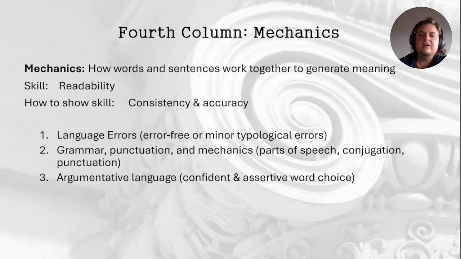The three modes in which mechanics are going to be marked are language errors, grammar, punctuation, mechanics, and then argumentative language. Argumentative language also kind of falls under word choice. I would argue that falls more under a style thing, but in the mechanics column, it really is talking more about active and passive voice, but we'll get into that. So let's just move on.